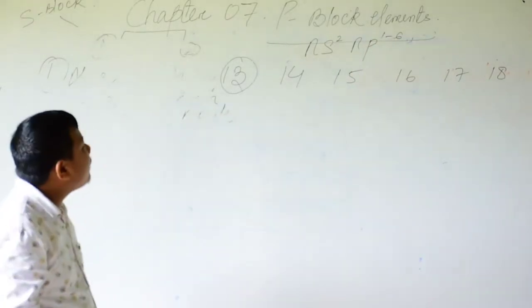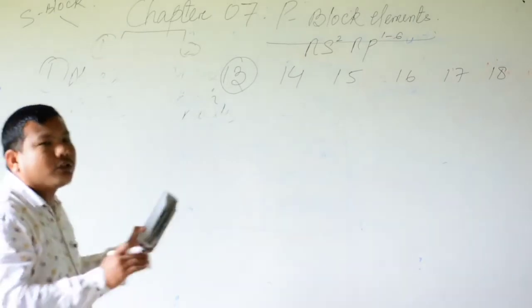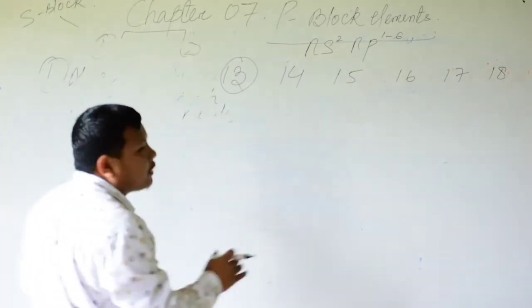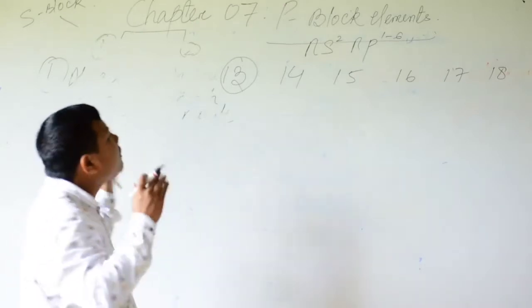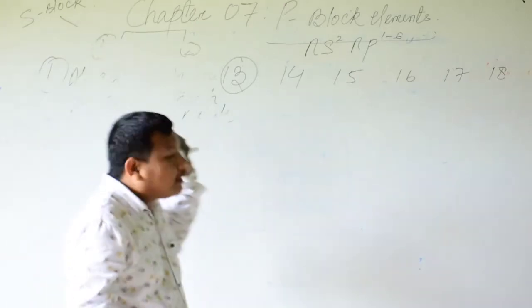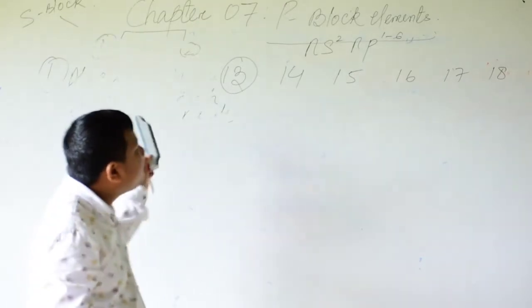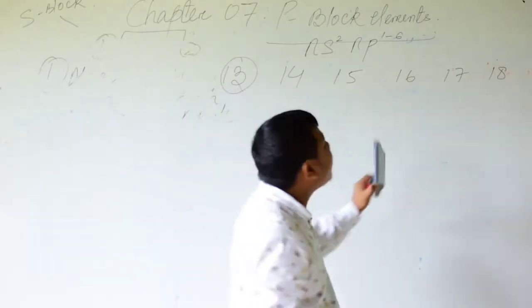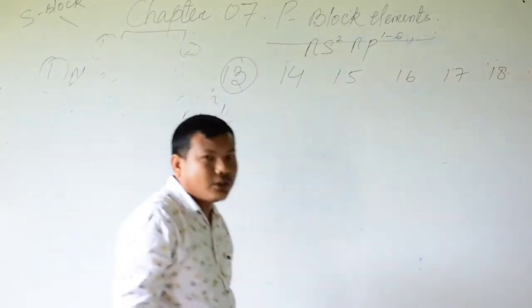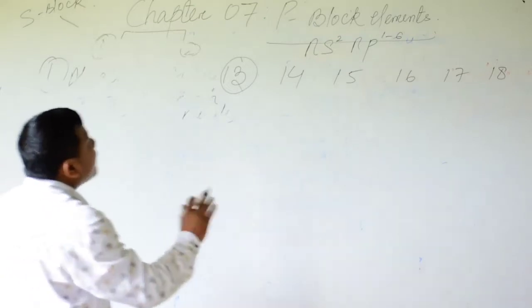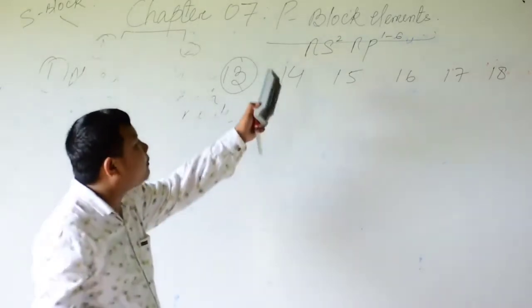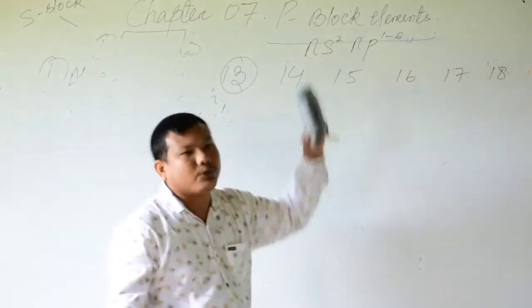Again I'm going to repeat: the P block element is always located on the right side of the modern periodic table chart. The groups from 13 to 18 are known as P block elements, and its configuration is, as I have written on the board, ns2 np1 to 6.